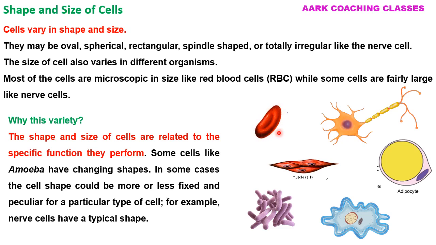They have to carry oxygen with the help of hemoglobin to different parts of the body, and that's why they have to travel through so many small capillaries. This is the reason why they are small and disc-like, somewhat flat. So the shape and size of the cells always depend on the specific function they are performing. All right.